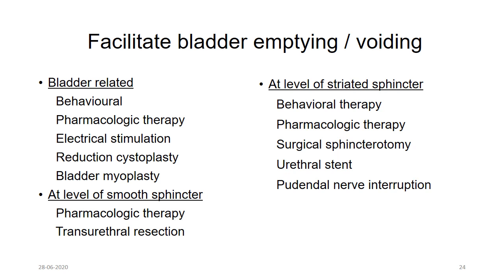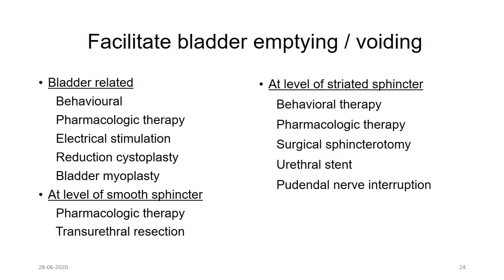Cisapride can also be given. Then another option is electrical stimulation. Here, detrusor contractions can be achieved by stimulating the electrode implanted on the bladder wall, pelvic nerves, sacral roots, conus, etc. Then we can try reduction cystoplasty in very high capacity bladder.